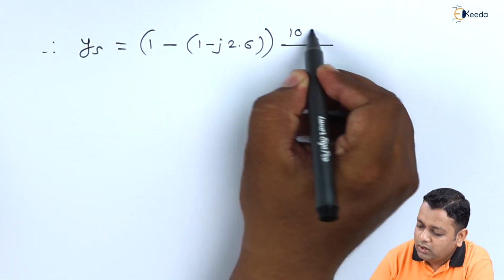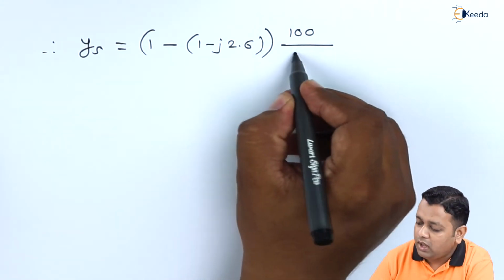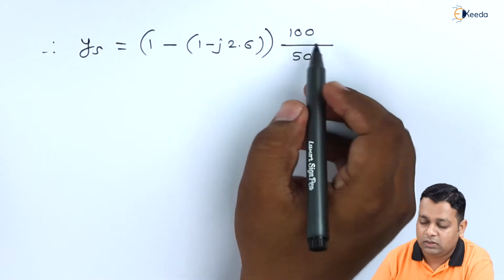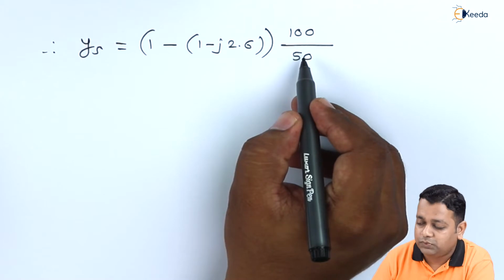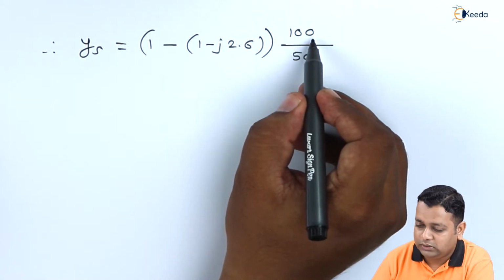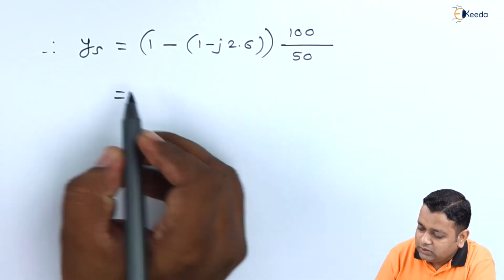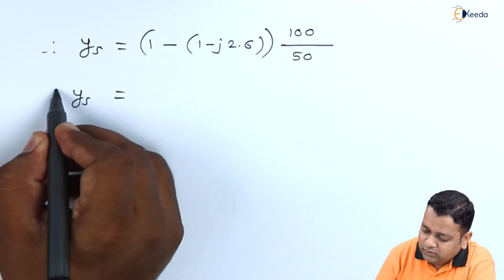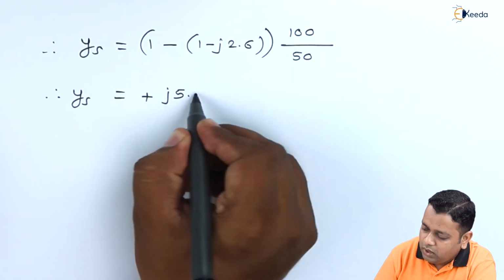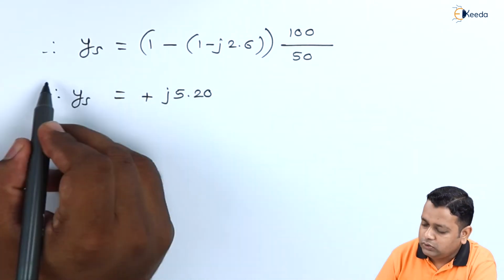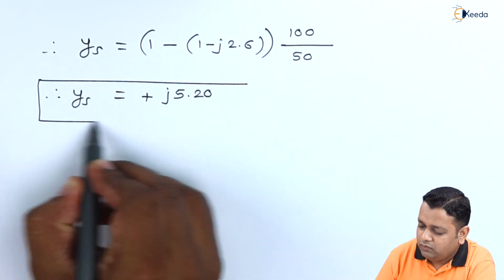So it goes 100 to the numerator and 50 to the denominator. So this is nothing but the characteristic impedance of the microwave transmission line, and it is that of the stub here. So this results into the value of y suffix s is equal to positive j times 5.20. So I outline this intermediate value here.